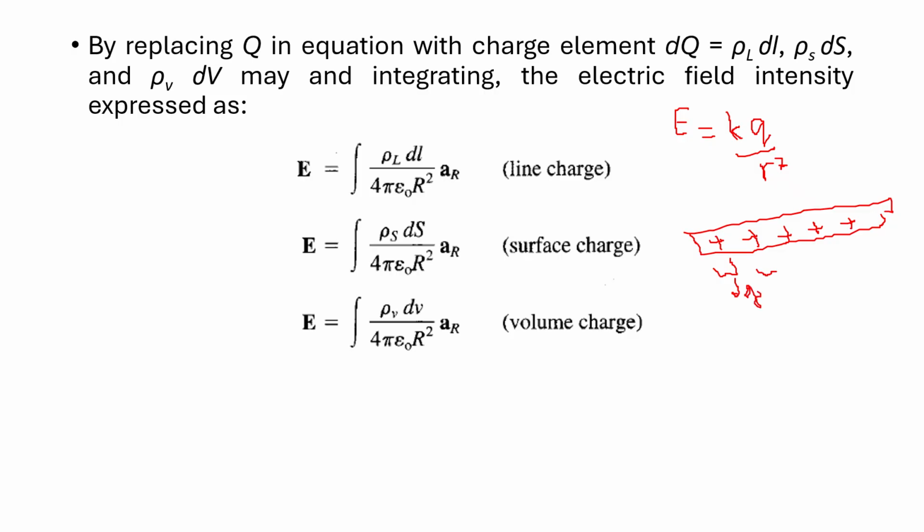Here also we have dq, and all is dq here. Each dq, the charge element, will produce an electric field, and this electric field from this q produces dE, the differential electric field.